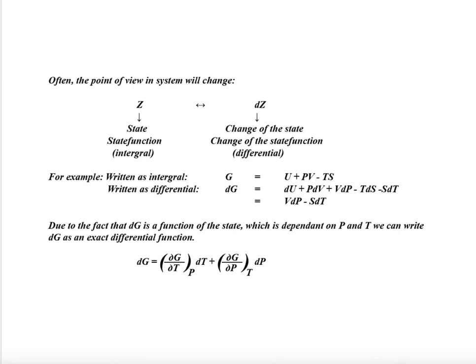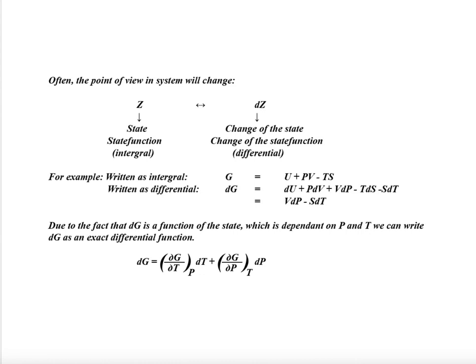Then we have the differential function of Z, we are writing dZ, that is the change of the state. For example, we are going from standard conditions, and standard condition is room temperature, that means in Kelvin, 298 Kelvin and 1 bar, to a certain pressure and temperature conditions of interest.